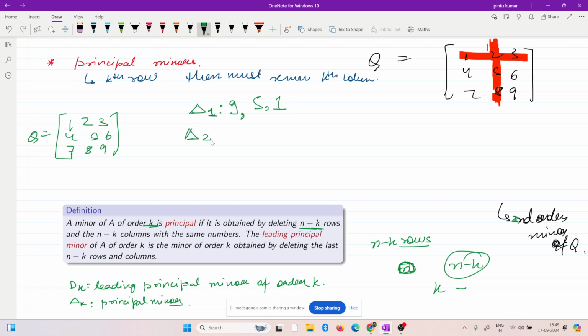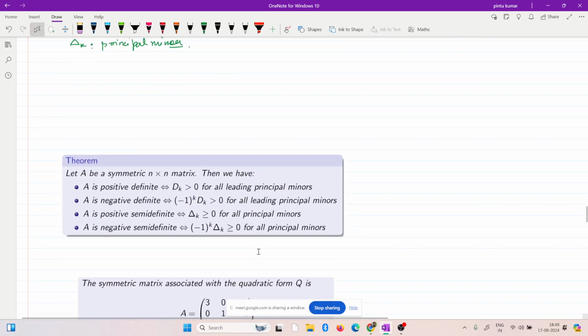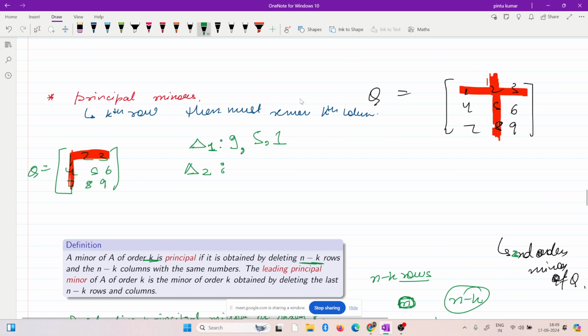Now let's look at the second order principal minors. In order to obtain second order principal minors, you have to remove 1 row and 1 column. So for example, if you remove the first row and first column, this is the principal minor that you get: 5, 6, 8, 9.